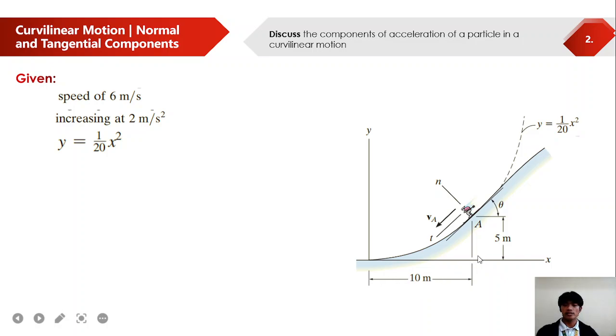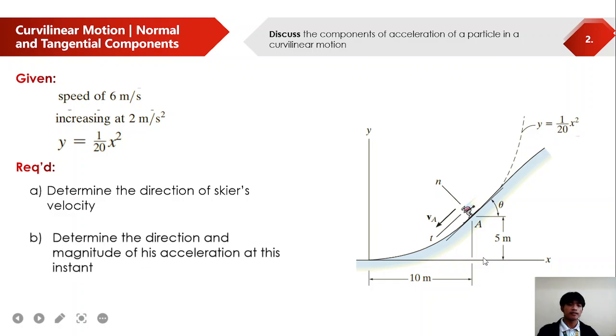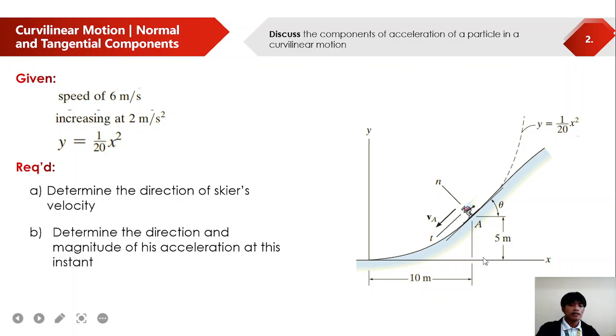Uh, xy coordinate ng skier niya is 10, 5. Okay? So the required is the direction of the skier's velocity. Ano yung direction? Ano yung angle na direction sa skier? Okay, so determine the direction and magnitude also of his acceleration at this instant.